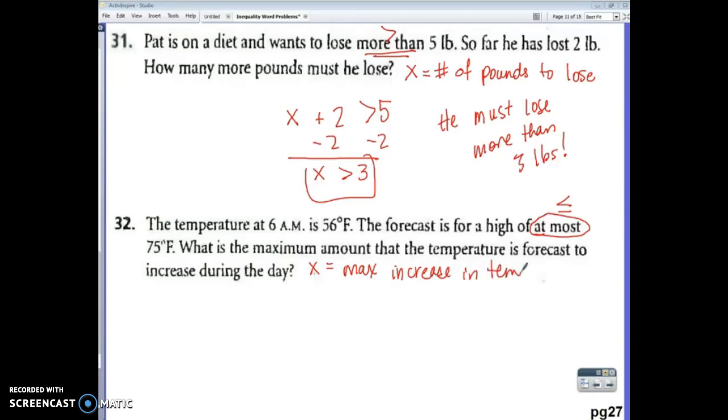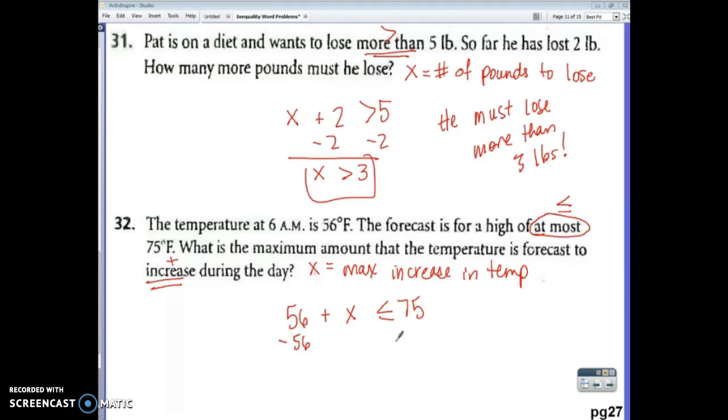in temperature. So it's at 56 degrees. So at most, it needs not to go over 75 degrees. So I'm at 56 already. It's going to increase during the day to this temperature. The temperature increase is going to bring me less than or equal to 75.